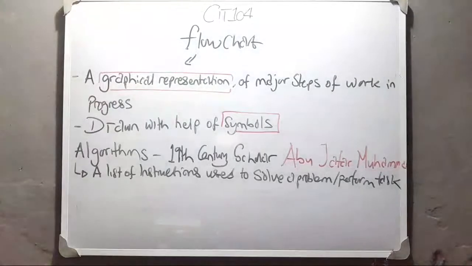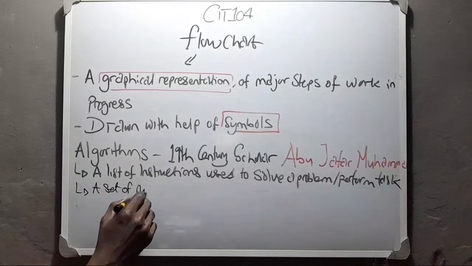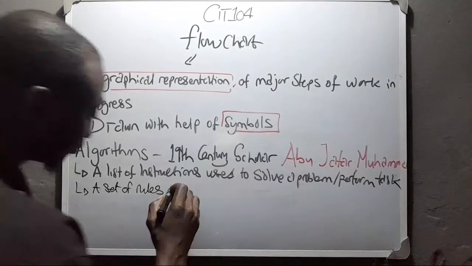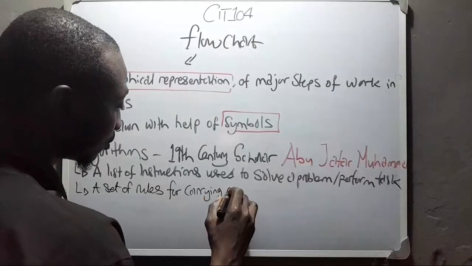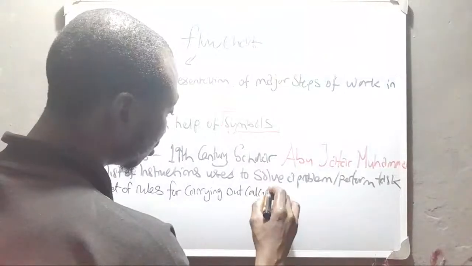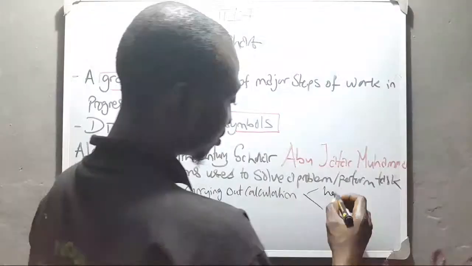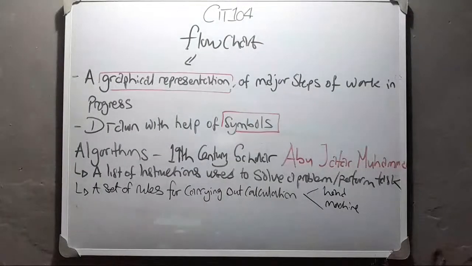A set of rules for carrying out calculation, either by hand or machine. So we have that under algorithm.